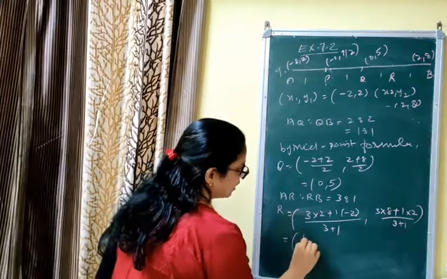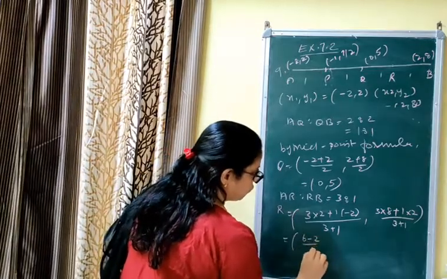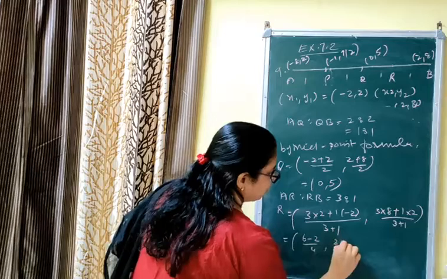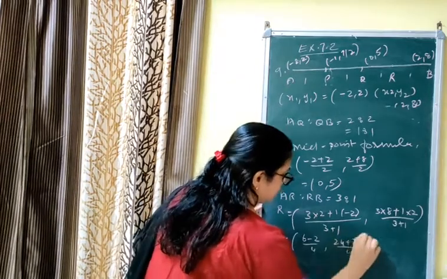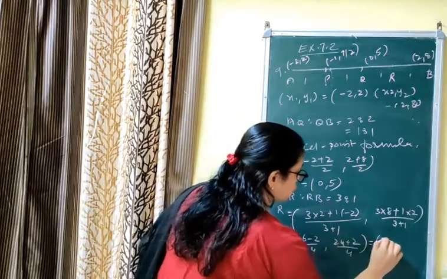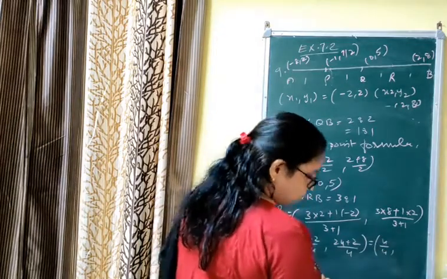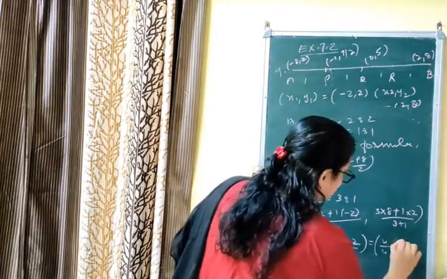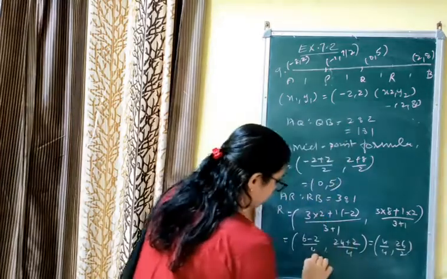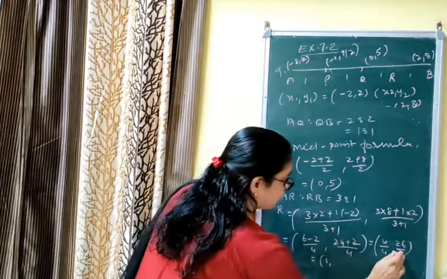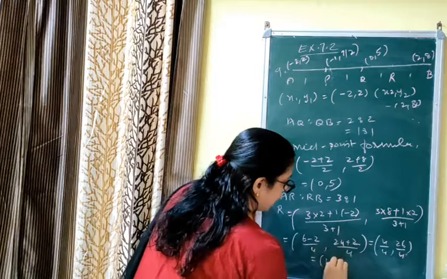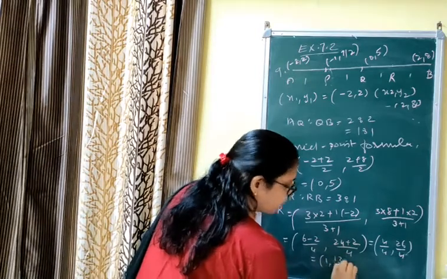That means (6 minus 2) by 4 comma (24 plus 2) by 4. 6 minus 2 is 4, so 4 by 4, which is 1. 24 plus 2 is 26, so 26 by 4. Cancelling 26 by 4, you will get 13 by 2.